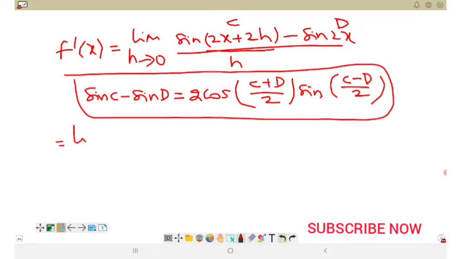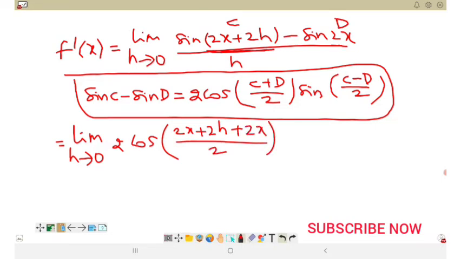So limit h tends to 0, 2 into cos of (2x plus 2h plus 2x) by 2, into sine of (2x plus 2h minus 2x) by 2. So 2x minus 2x cancel.